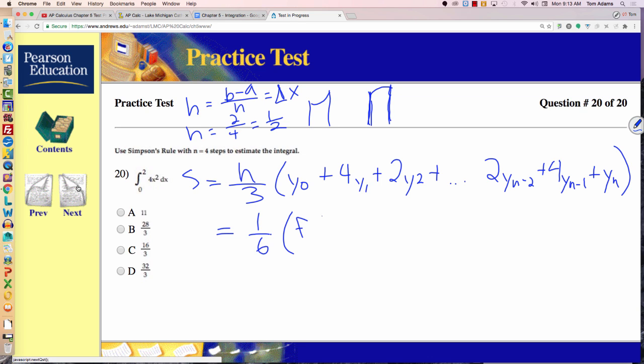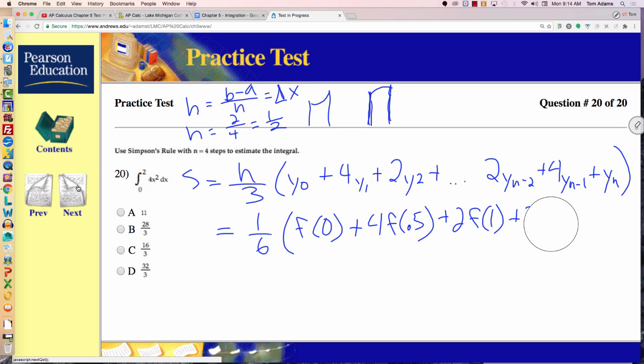So this is going to be the same thing. We're going to have f of 0 plus 4 times f of 0.5 plus 2 times f of 1, and then plus 2 times f of, oh, nope, we got to go back the other way.